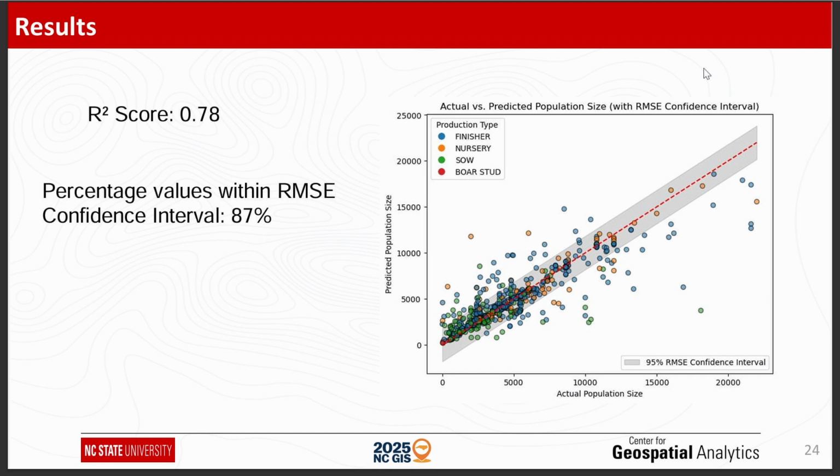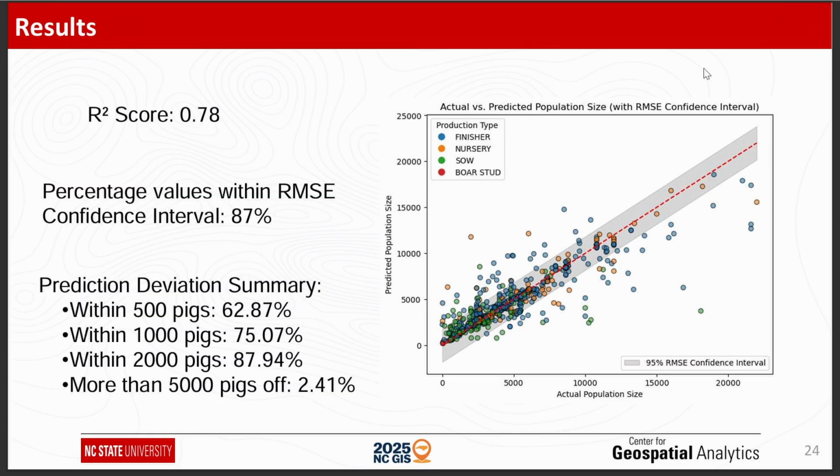We analyzed the data a little bit more to assess the deviation of the model. We found that 63% of our data fell within estimates of 500 pigs, 75% within 1,000 pigs, and 87% within 2,000 pigs.